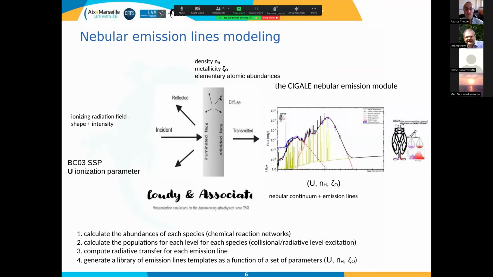And then we will use the Cloudy radiative transfer code to generate a library of spectra in green, depending on a set of parameters that we will put in the CIGALE code, so we can fit both the photometry and the spectroscopy, and from this retrieve the parameters of the ISM.